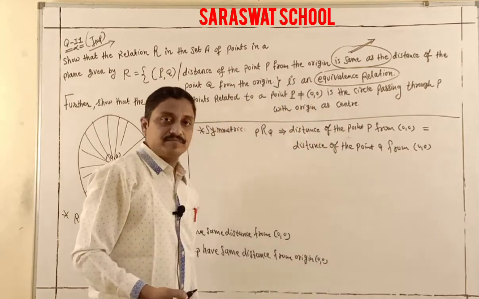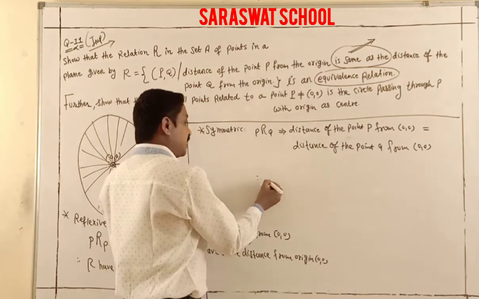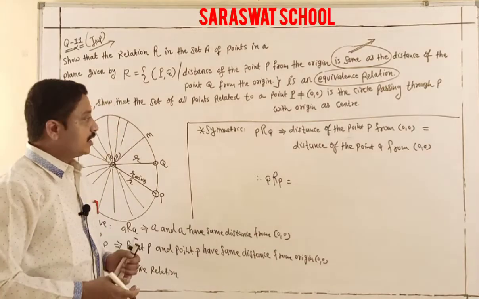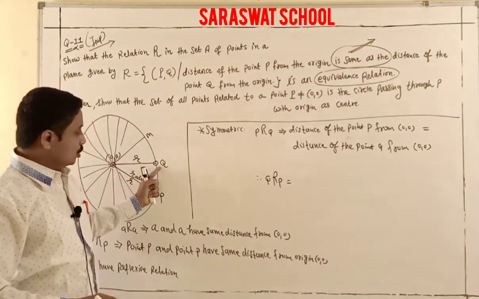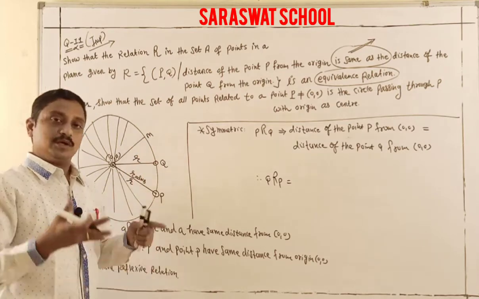These are the same. Now, can we write Q relation P? Yes. Now O to P and O to Q are the same, so definitely O to Q and O to P are also the same.